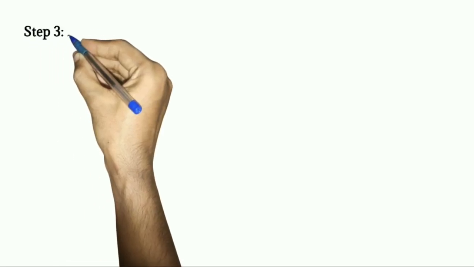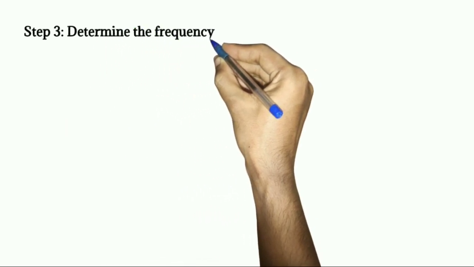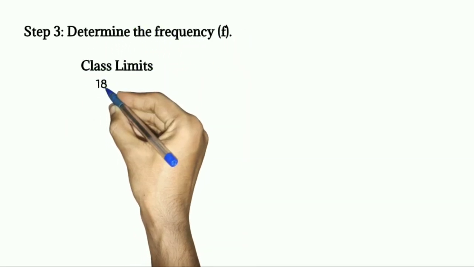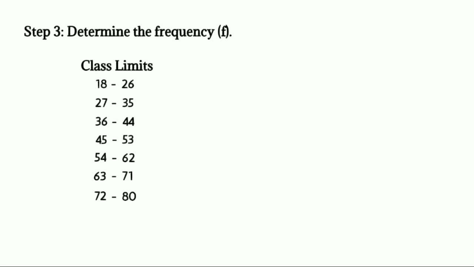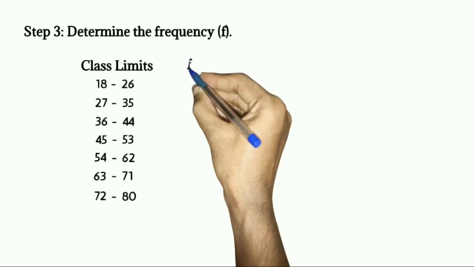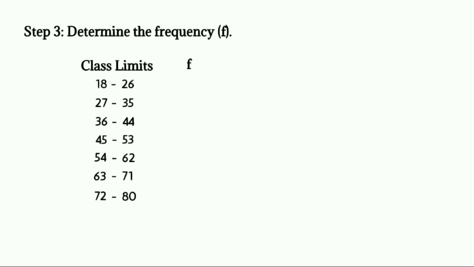After determining the classes, the next step is to determine the frequency. The frequency is denoted by F. For the first class limit, 18 to 26, para makuha yung frequency, bibilangin natin yung values na pasok sa 18 to 26.